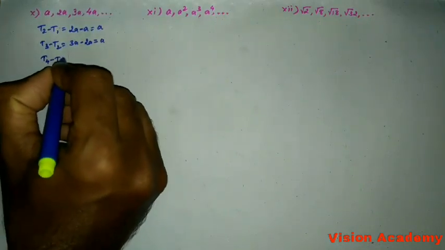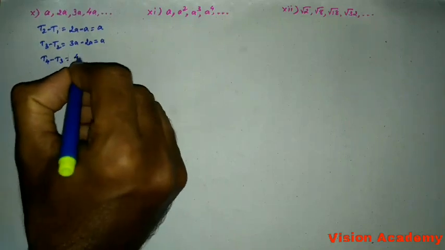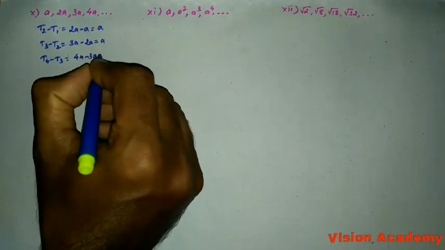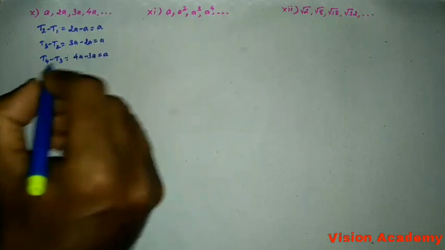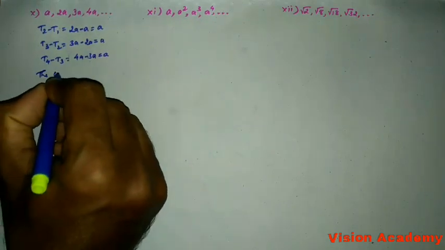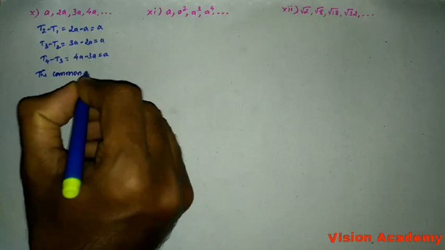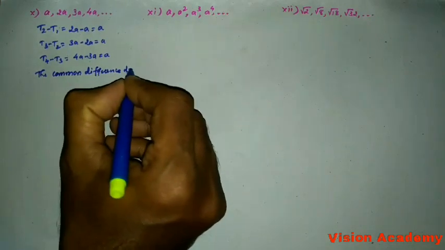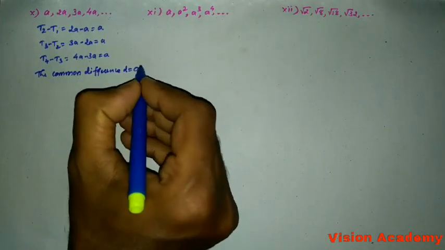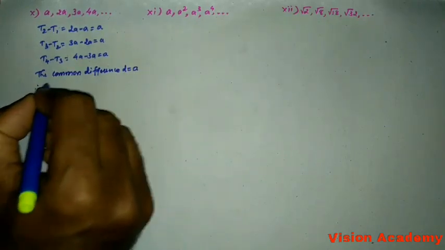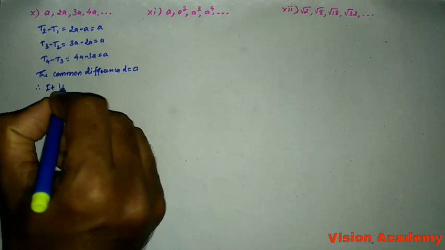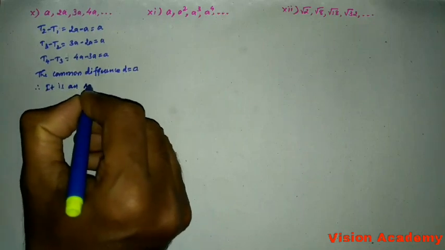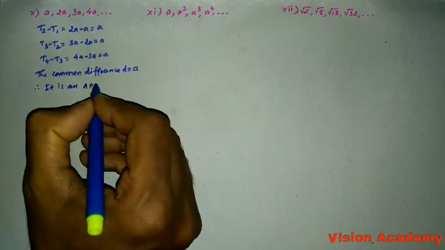T4 minus T3 is equal to 4a minus 3a is equal to a. The common difference D is equal to a here. Therefore, it is an arithmetic progression.